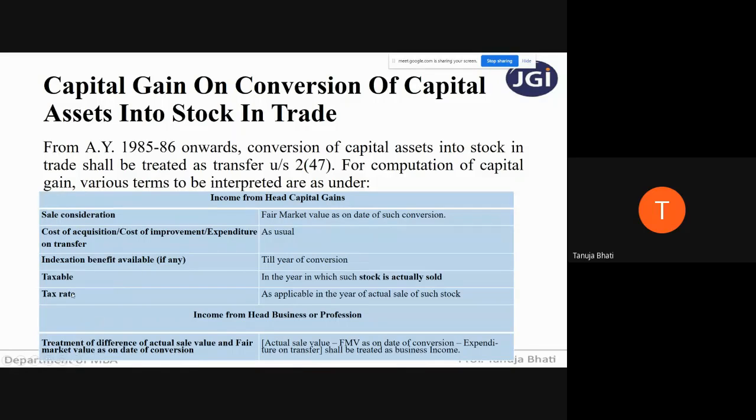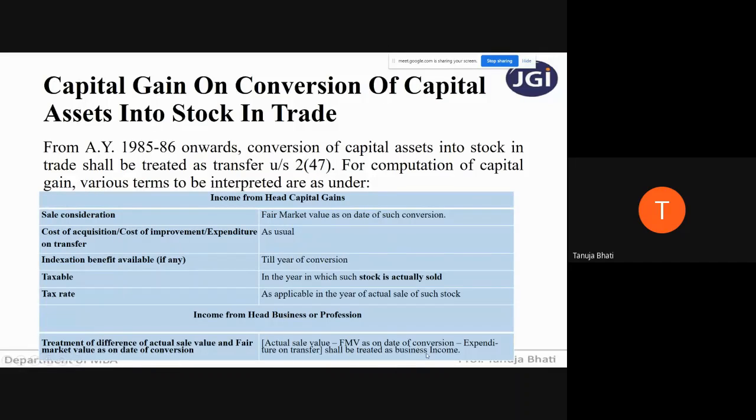Next, we said that there is also income from head business or profession that is being generated from this particular type of transfer. So let us see. What is the business income that is being generated? Whatever is the actual sales value minus the fair market value as on the date of conversion will be your business income.